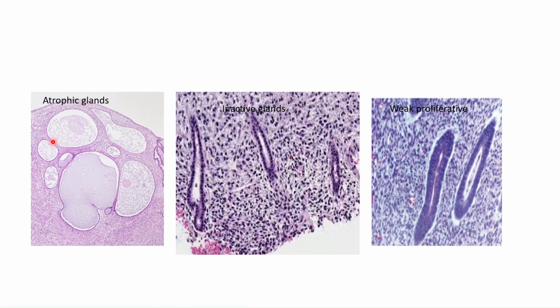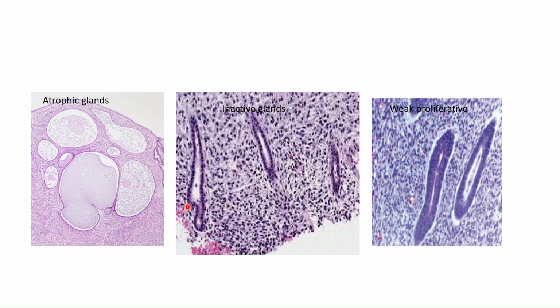These are the atrophic glands. These are the cystically dilated glands, very thin layered epithelium, either flattened or cuboidal epithelium.